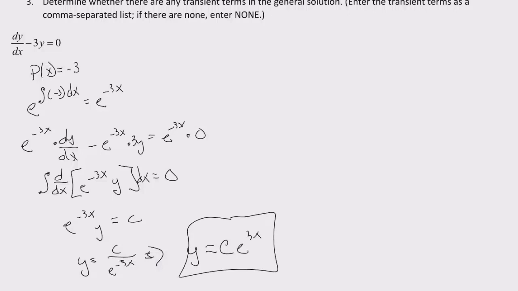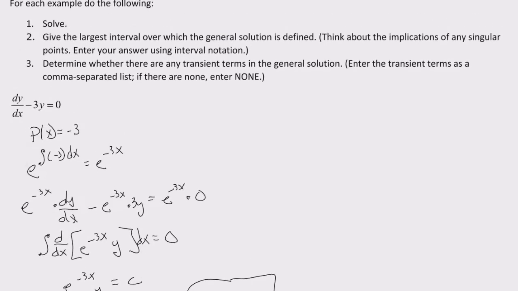So now that we've solved it, did we have any restrictions? Is there anything that came up on this one, since we didn't have to divide? I'm going to go back up to the directions here. So give the largest interval the general solution is defined. That's where I look back at when I tried to write it in linear form.